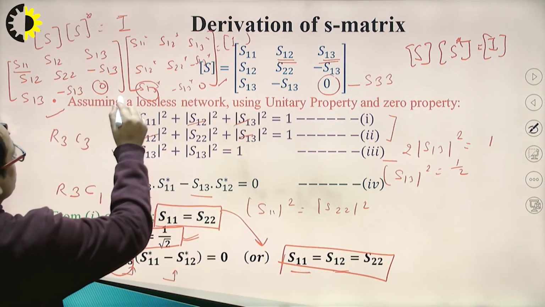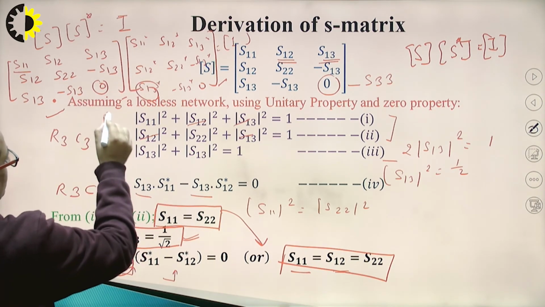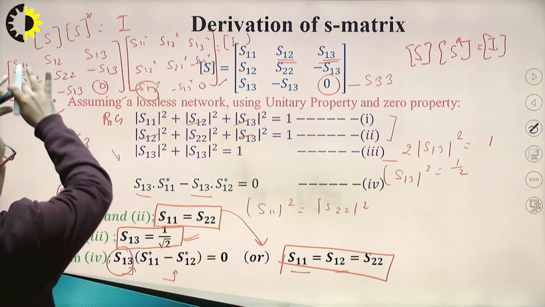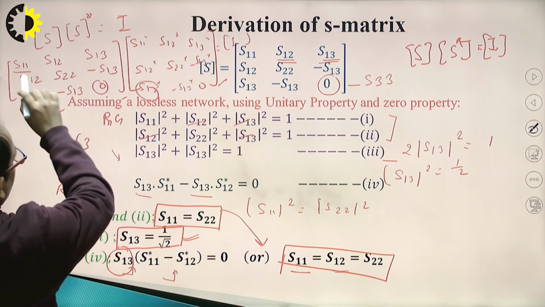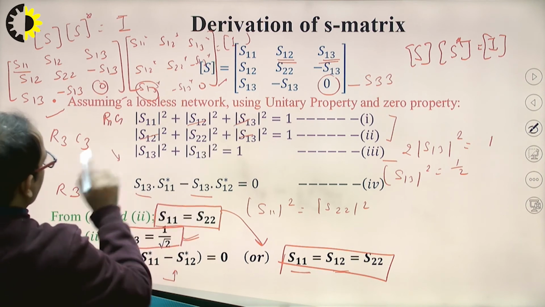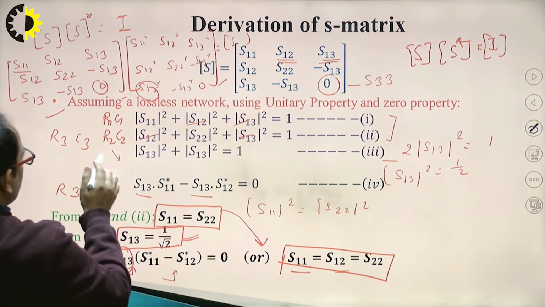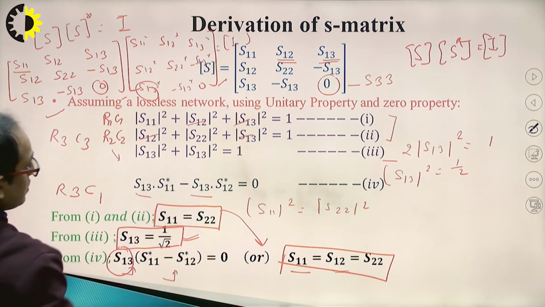on multiplying these two equations, R1 multiplied by C1, you will get S11 square plus S12 square plus S13 square. On multiplying R2 into C2 you will get this one, and on multiplying R3 into C3 you will get this one.